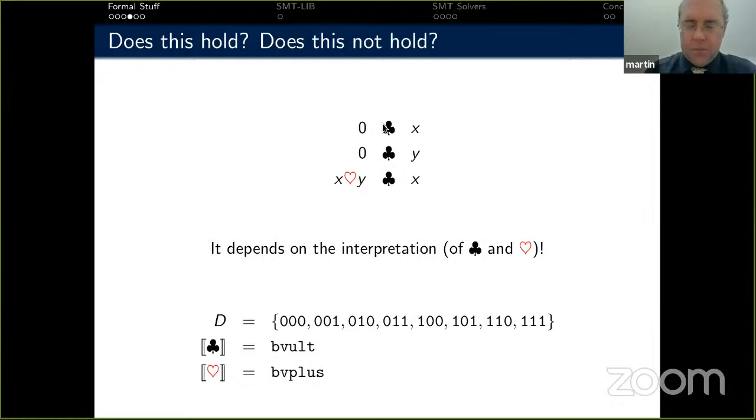In this case, I think it is satisfiable, because if we picked x as 1 1 1, which is 7, and y as 1, they're both greater than 0. And when we add them up, it wraps round, we get 0, and 0 is less than 7. So in this interpretation, specifically this one, it's SAT.